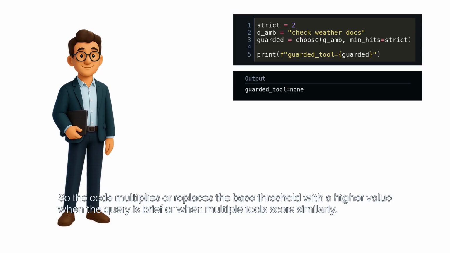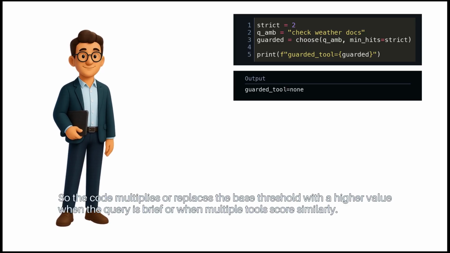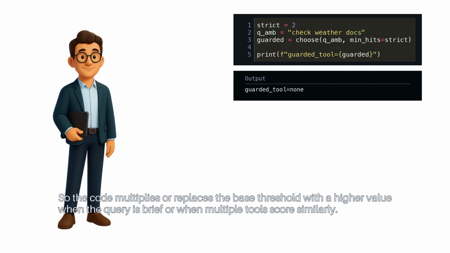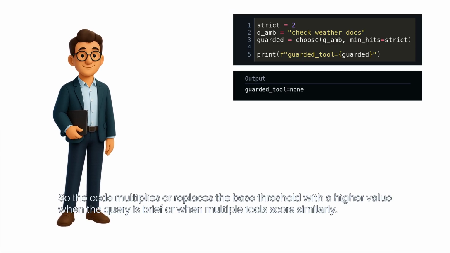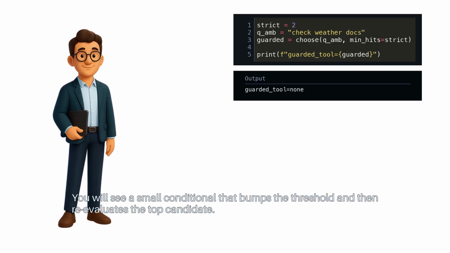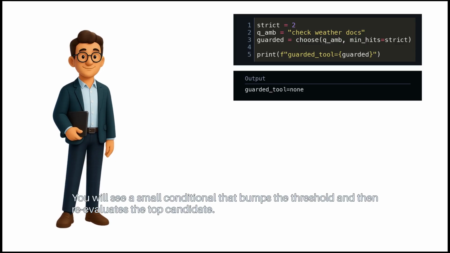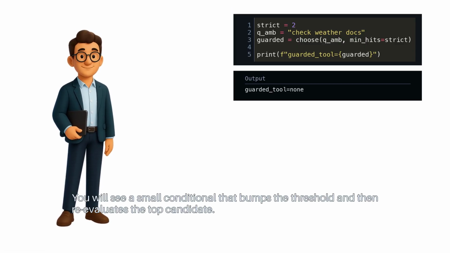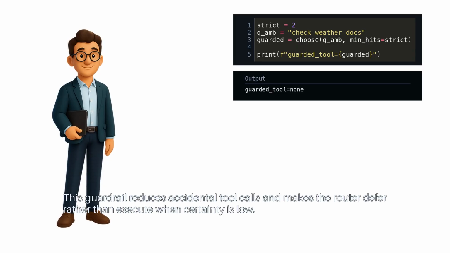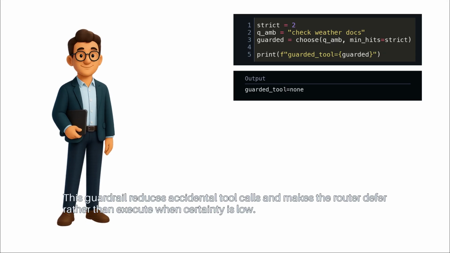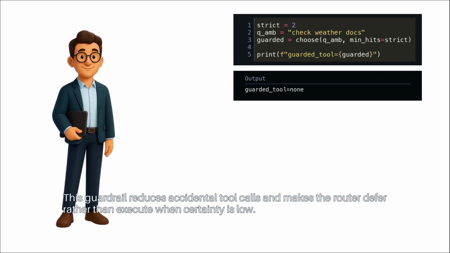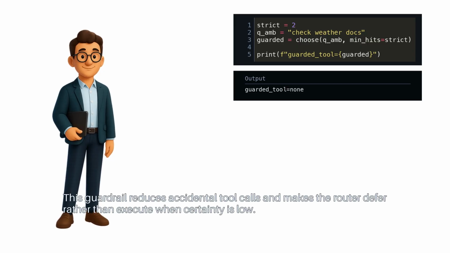So, the code multiplies or replaces the base threshold with a higher value when the query is brief or when multiple tools score similarly. You will see a small conditional that bumps the threshold and then reevaluates the top candidate. This guardrail reduces accidental tool calls and makes the router defer rather than execute when certainty is low.